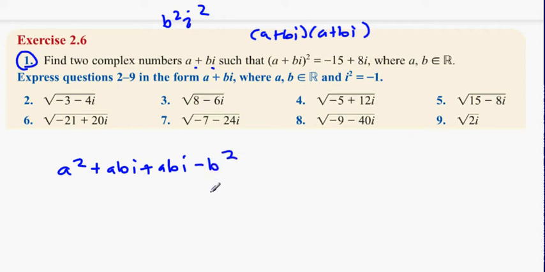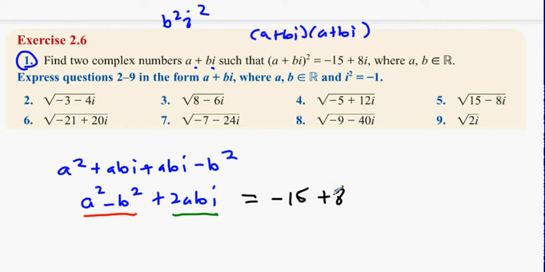Okay, and then when I do this, I'm going to get a squared minus b squared, and then plus 2abi. Now what you can see is there's a distinct real part and a distinct imaginary part. That's the real part and that's the imaginary part. That's going to be equal to minus 15 plus 8i.